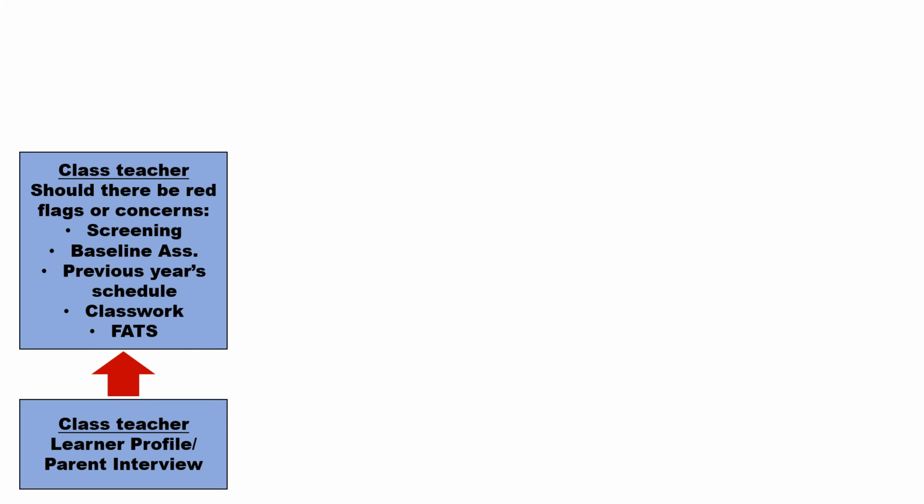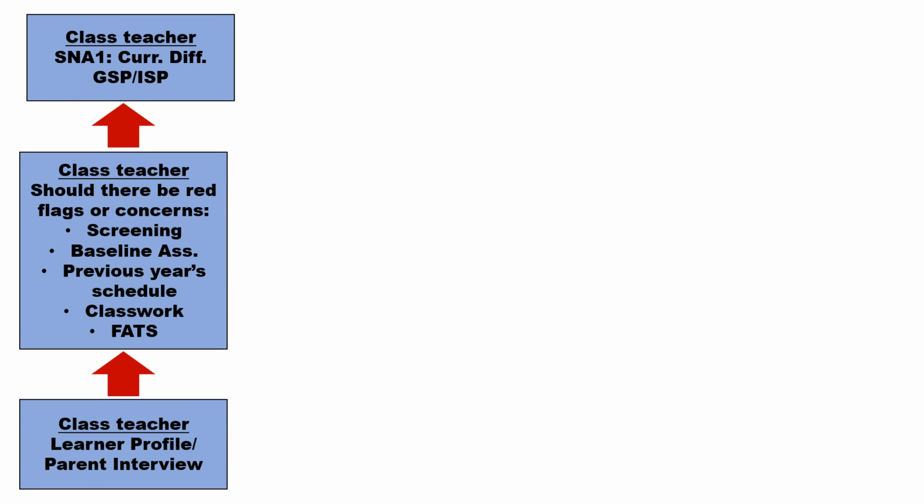And if there are still red flags, either we see that the barriers that were identified by the previous teacher are still there, or we've identified new barriers, then the class teacher fills in the SNA1 as well as compiles the ISP or the GSP. Now, the GSP is just the group support plan.